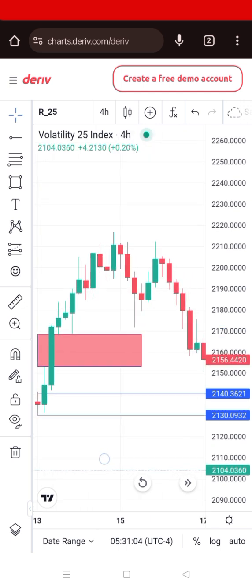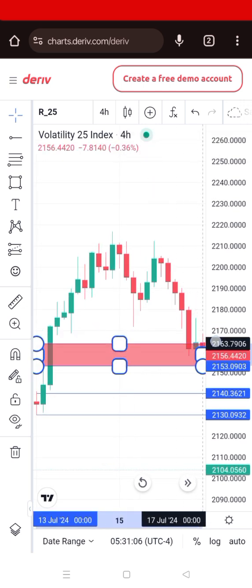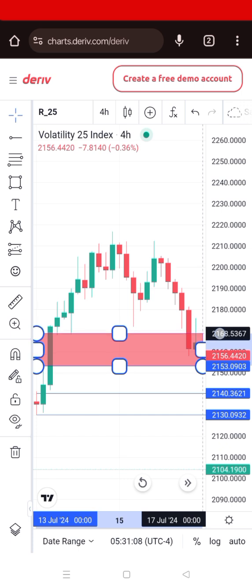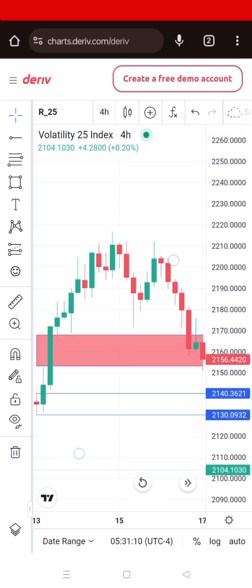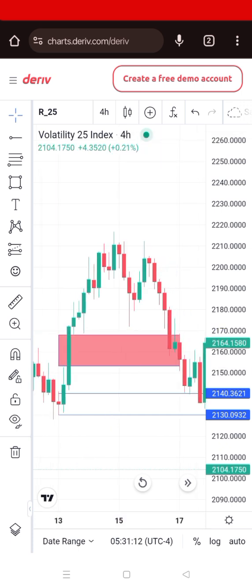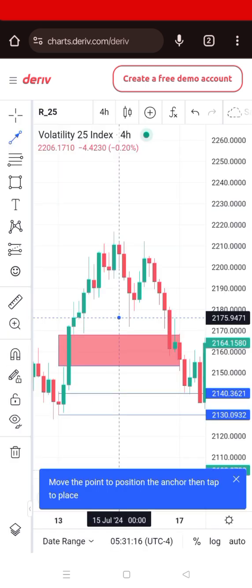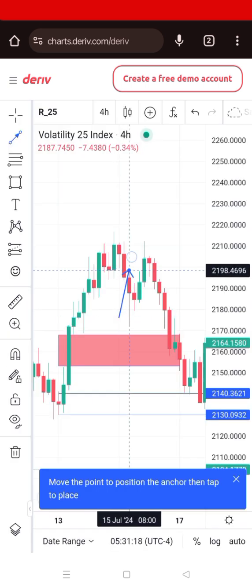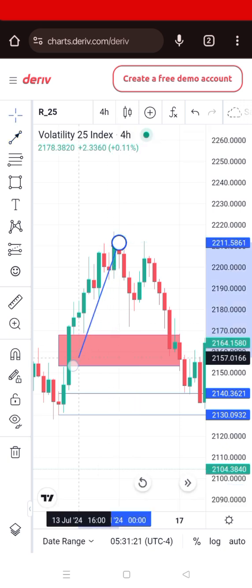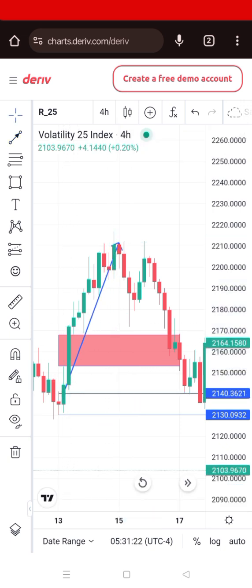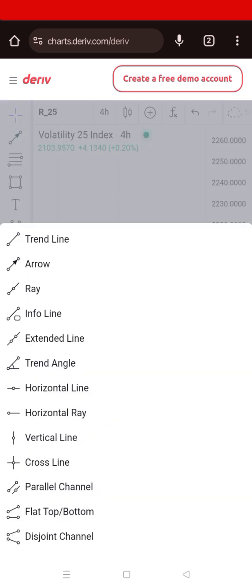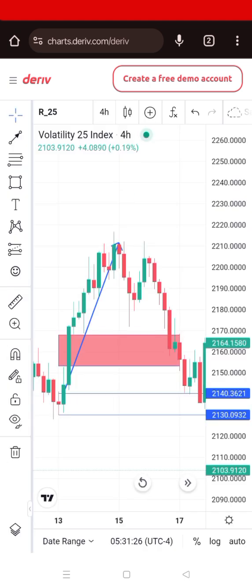That is what we call an inefficiency, and we know that the market will come back to that zone, fill that inefficiency, tap that order block, then proceed to the uptrend. So with that knowledge, whenever you see an order block, check whether it's valid.